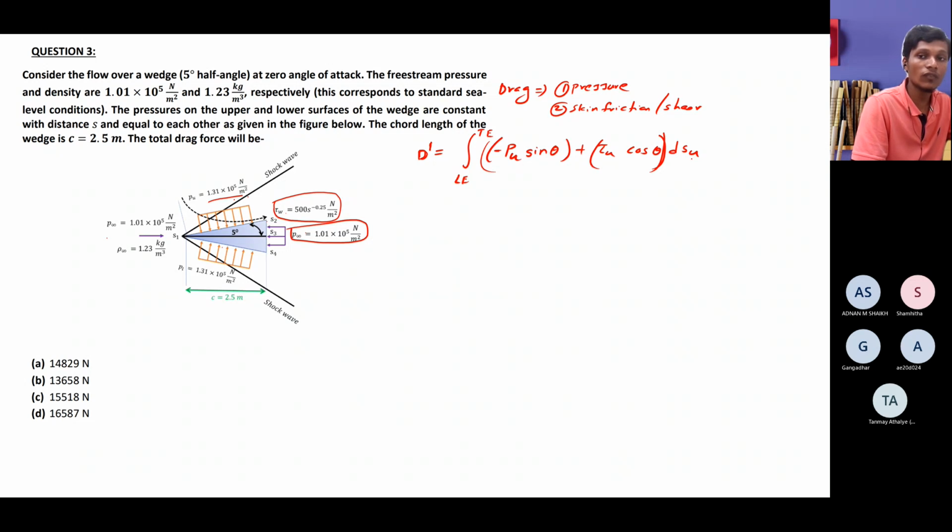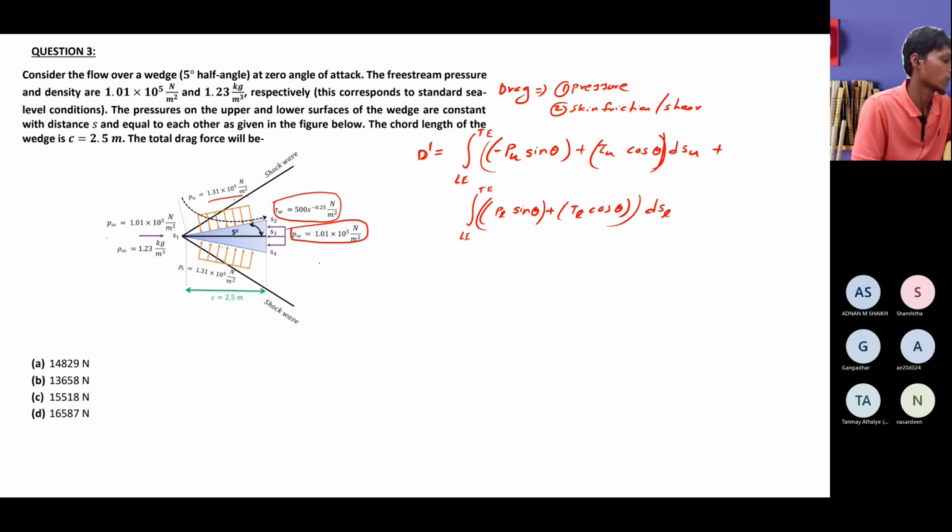This is for the upper surface. You need to add the same thing for the lower surface, from the leading edge to the trailing edge: p_l sine theta plus tau_l cos theta, ds_l. So the summation of these two, you will get the drag force.